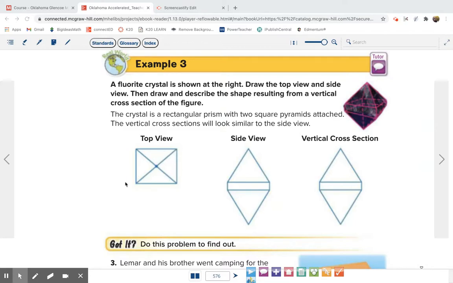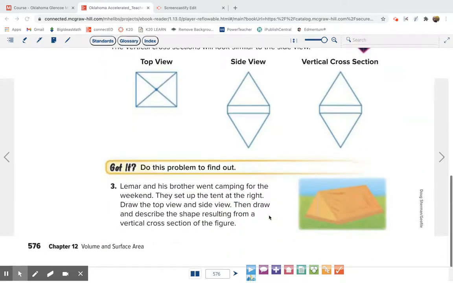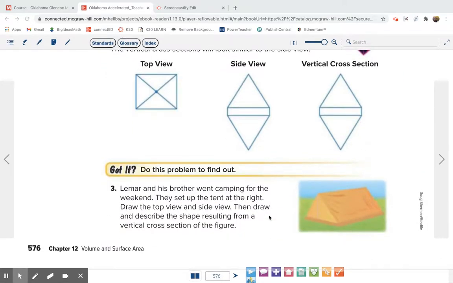It would be a rectangle, but then it still has those lines. Okay, the side view would look like this. Now, a vertical cross-section would be kind of like what we looked at above. If I sliced it with a rectangle piece of paper straight down the middle, this is what it would look like. Okay, so we're going to look at an example of that, and you're going to try it.